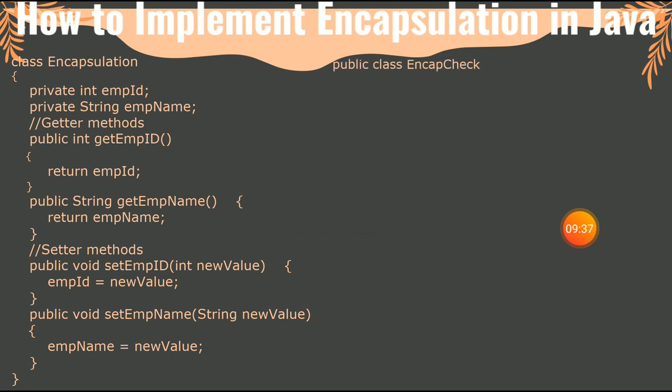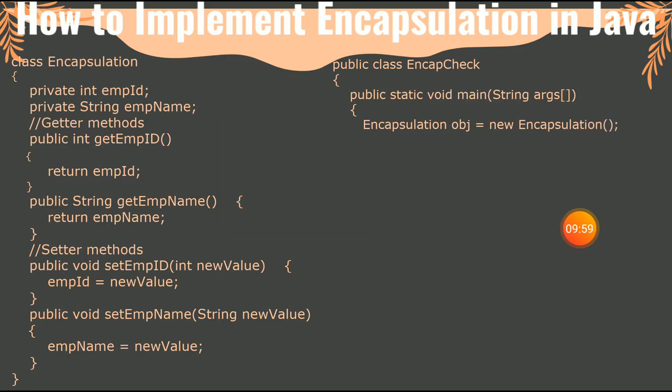Now after writing the getter and setter methods, we have to check how it runs. So public class EncapCheck, with public static void main(String[] args), the main method we always have to write.